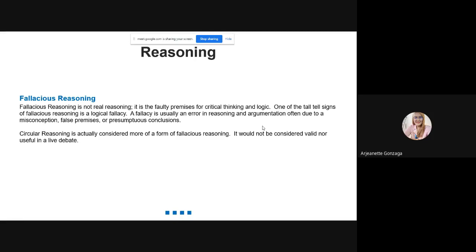A fallacy is usually an error in reasoning and argumentation, often due to a misconception, false premises, or presumptuous conclusions. So circular reasoning is actually considered more of a form of fallacious reasoning. It would not be considered valid nor useful in a live debate.